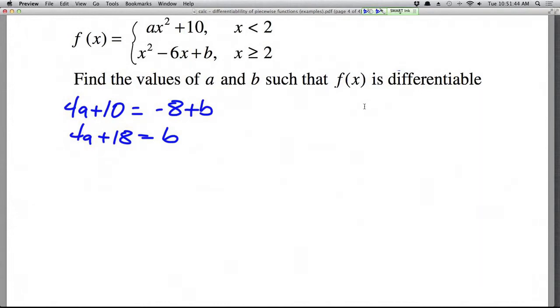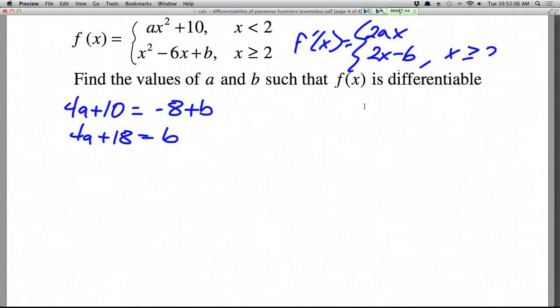Any problems with that? Ryan, what do I need to do next? Take the derivative. So that would be 2ax for the top, and that would be 2x minus 6 for the bottom.